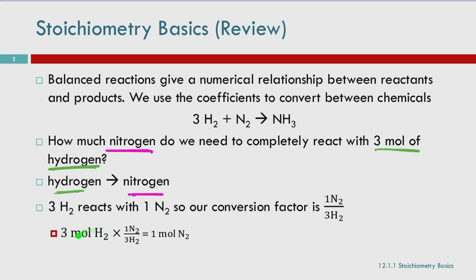So we take the 3 moles that we were given, multiply it by its conversion factor, the H2s on top, the H2s on bottom, those would cancel out. And so we're left with 3 divided by 3, that's 1 mole of N2. Hopefully you saw that and you thought, this is easy, I get this, I understand this. That's kind of the most basic scenario for stoichiometry.